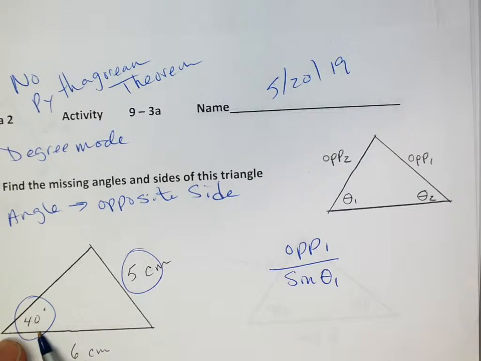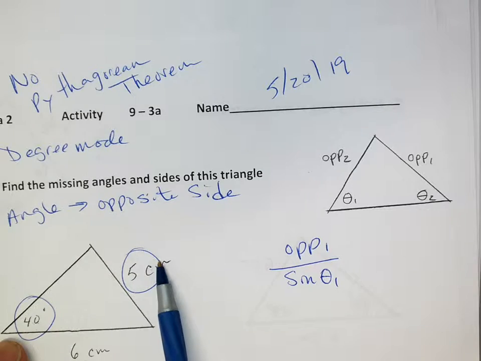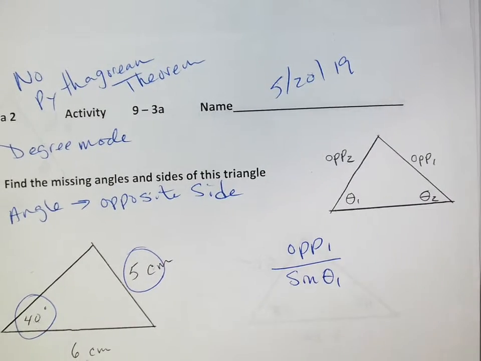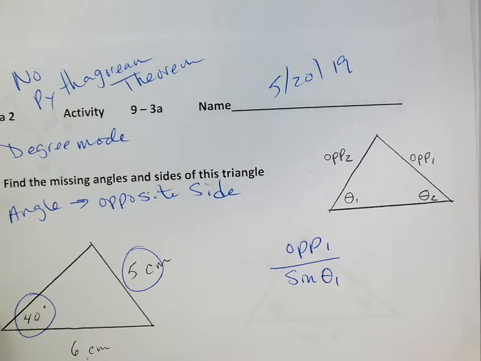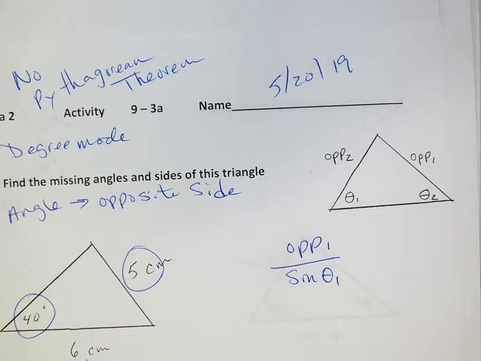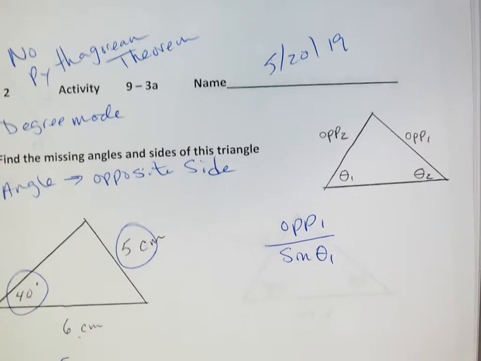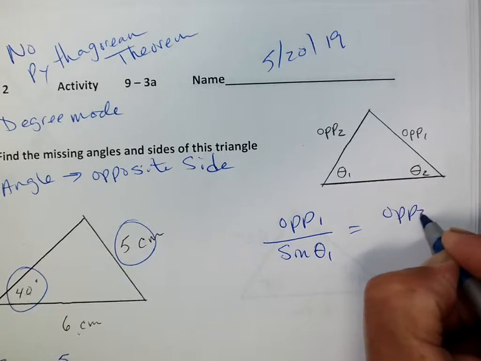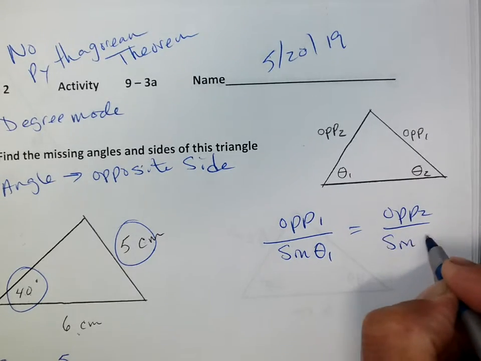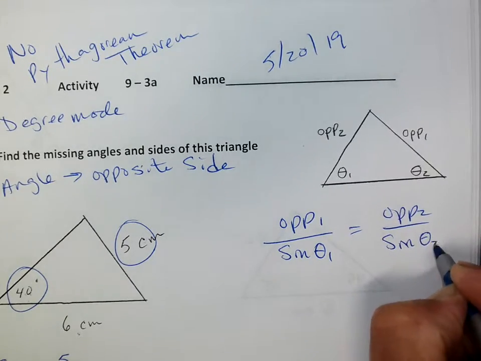Let's call that theta 1 and opposite 1. You okay with that? Then I can set up 5 over the sine of 40 equals opposite 2 over sine of theta 2, all right?